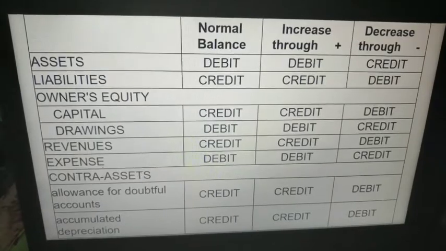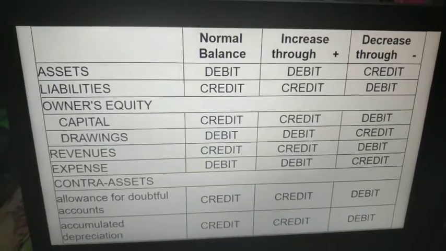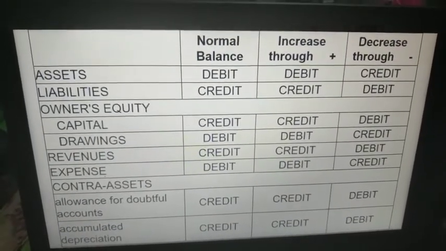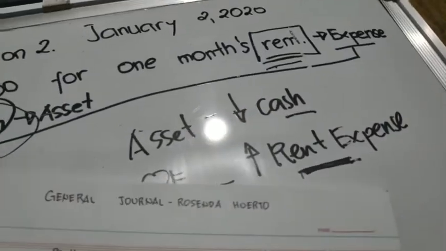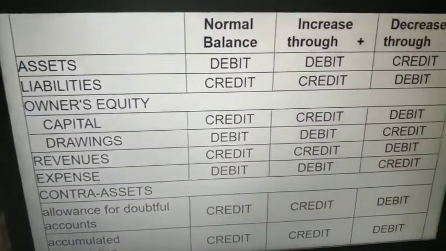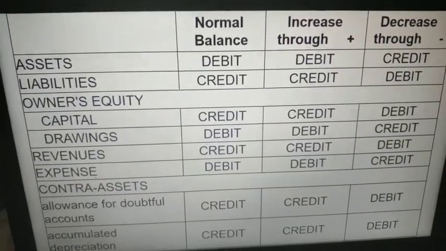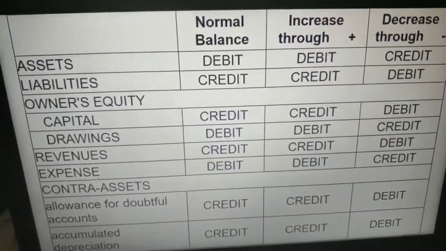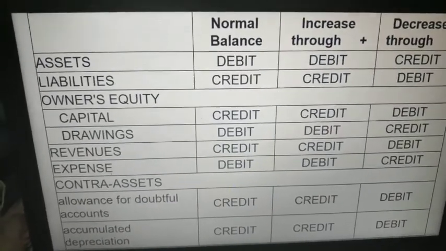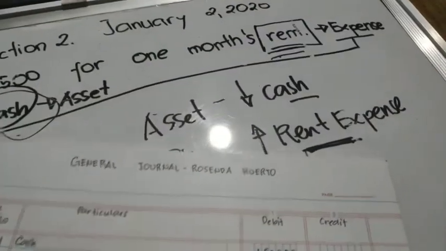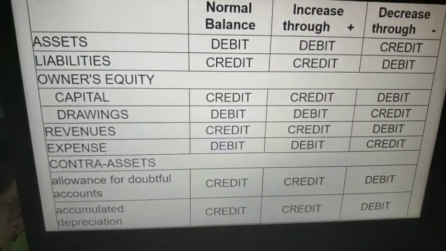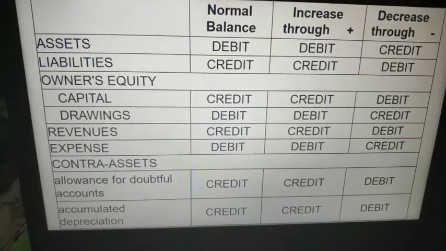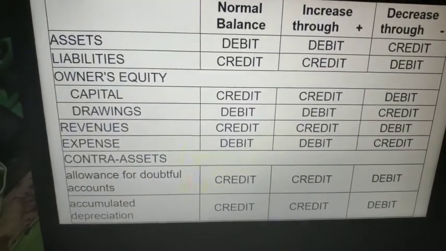The normal balances help you know where to put the accounts, whether debit or credit. In this transaction, there is a decrease in cash, which is an asset account, and if an asset account decreases, you will enter it on the credit side. And because expense increases, you will enter it on the debit side.